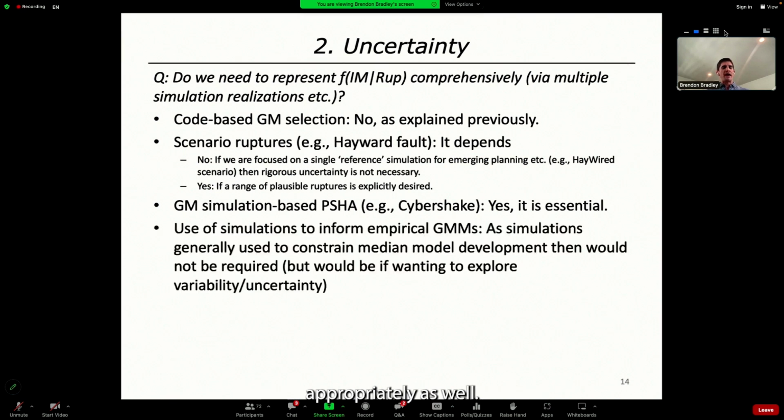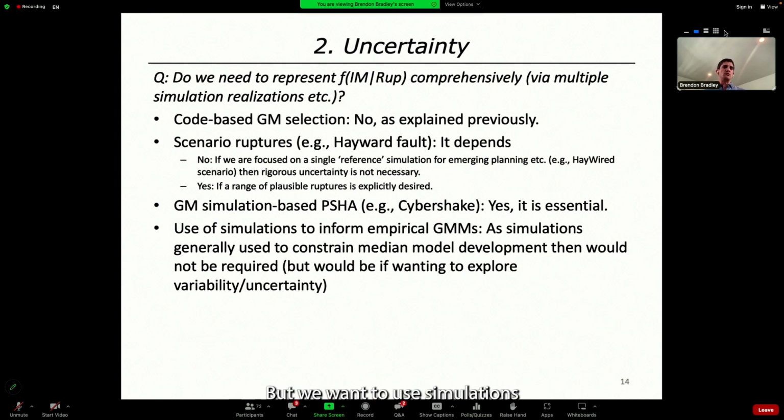And then there's that interim use case where we use simulations to inform empirical ground motion models. The common application of that is to constrain median model development in these empirical models, and that really isn't required to comprehensively treat uncertainties.